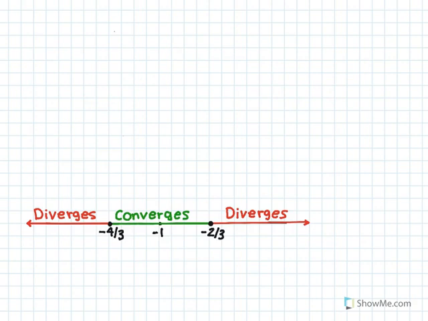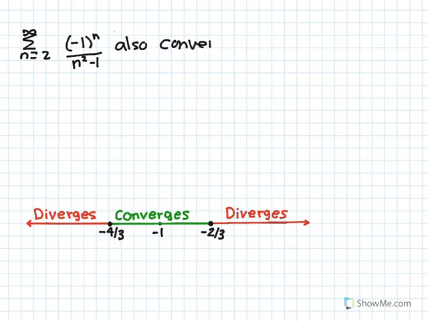So we can conclude that the series that we have, summation n equals 2 to infinity of negative 1 to the power of n divided by n squared minus 1, also converges. So what we have shown is that the power series converges at both endpoints, at x equals negative 4/3, the left endpoint, and also at x equals negative 2/3. So include both endpoints for the interval of convergence.